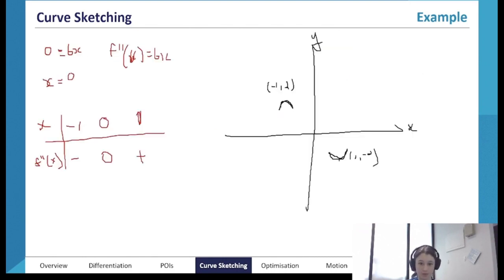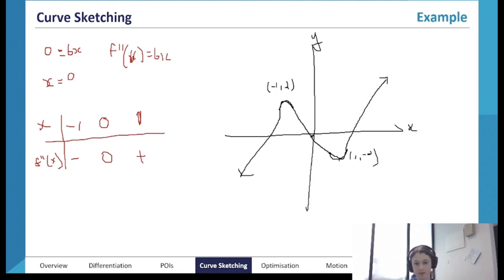So kind of drawing the rest of this out, this is what we get, and I apologize for the messiness. And this kind of corroborates that we have our point of inflection here at 0.